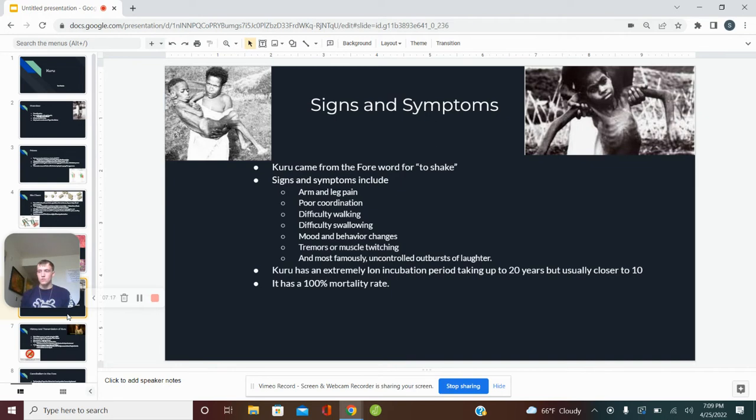By the first symptoms, you've already had Kuru for 20, 30, 40, 50 years because it takes so long to really get to that point. And when you start having symptoms, you have 6 months to live and it will kill you.